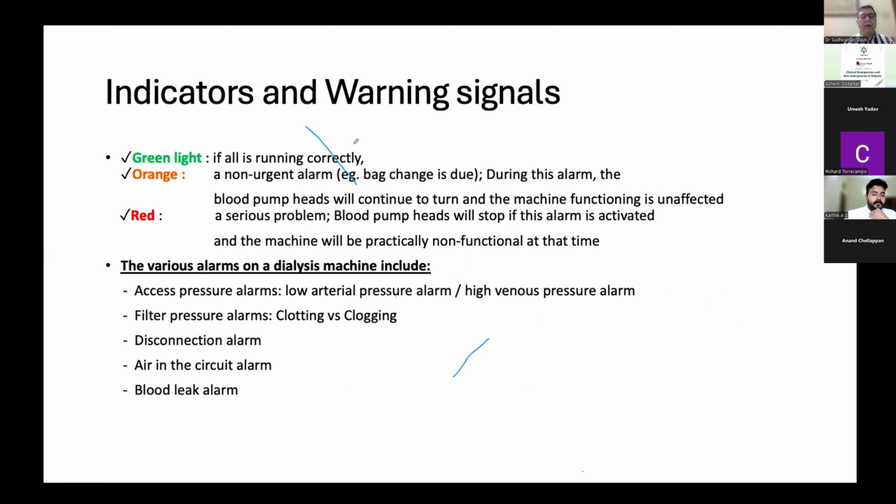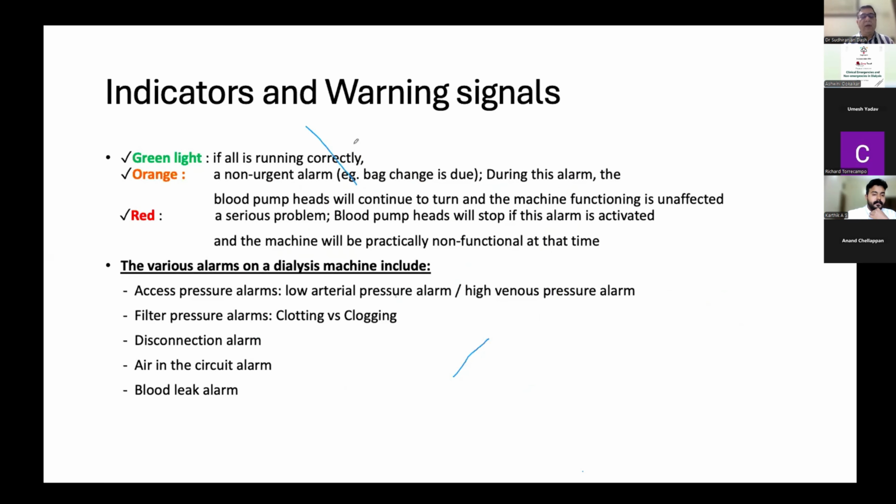So what are the various alarms in the CRRT machine? The access pressure alarms, filter pressure alarms, disconnect alarms, air detection chambers and air detection alarms, and blood leak alarm. Besides that, this is a screenshot of the screen of a Baxter Prismaflex machine, which is commonly used.